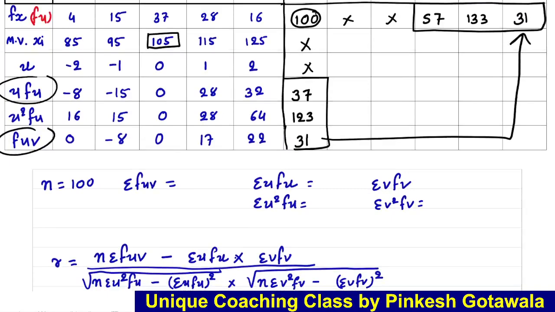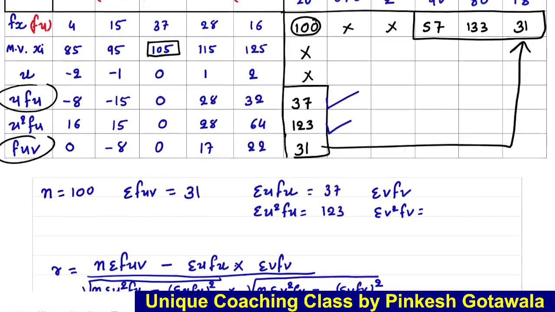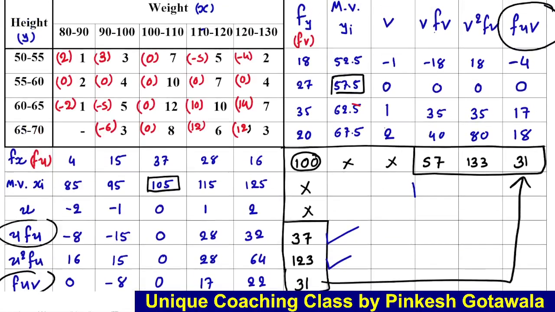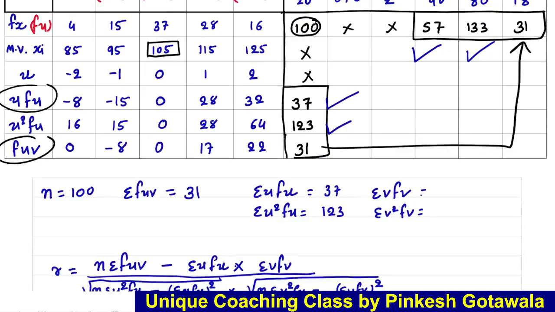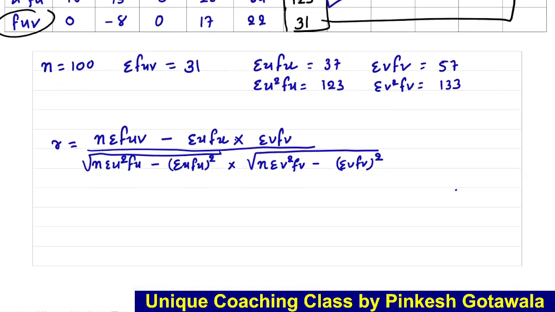Let's write FUV answer, that is 31, sigma UFU, that is 37, and U square FU 123, sigma VFV 35, and V square FV 133. 57 and 133. Okay, now every value available. Now just put value in formula.